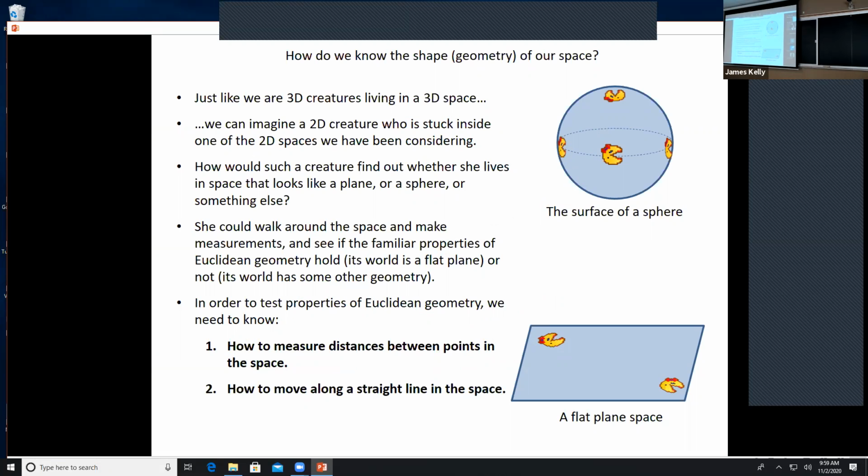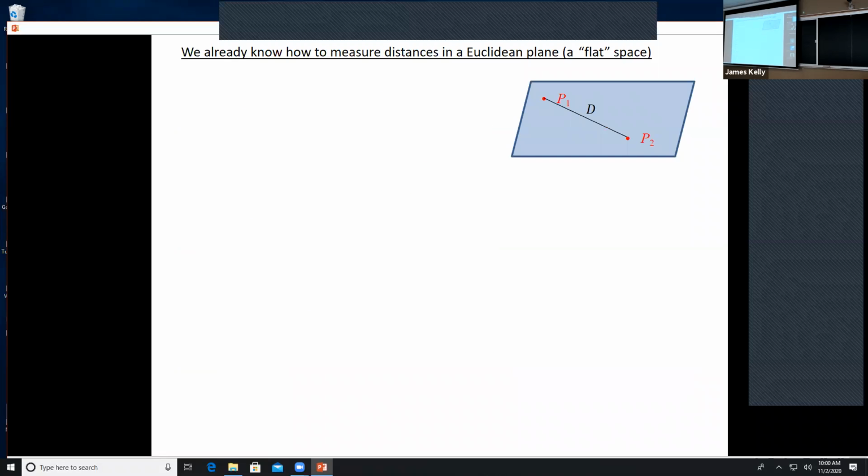And secondly, how she decides to move along what we're going to call a straight line in the space. And you may say, well, in this space there's no straight lines, but actually there are straight lines. They're perfectly straight. They just don't look that way to us because of the way we've embedded it in our three-dimensional space. So let's first talk about one, how to measure distances.